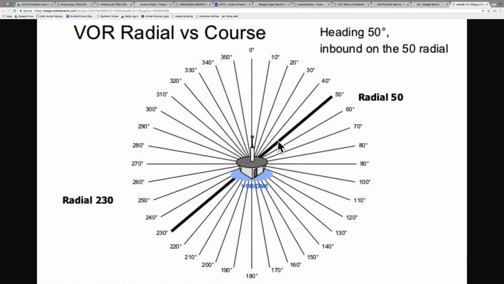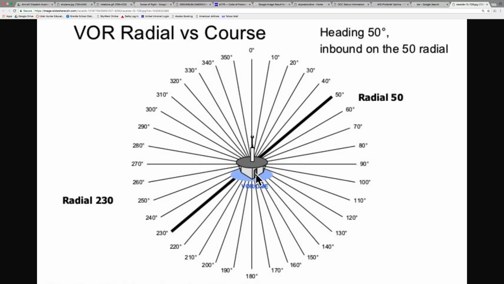That's how you can identify it. Then the pilot has an instrument inside the cockpit where, once he's tuned into that radio frequency, he can see what radial he is on in reference to this station.